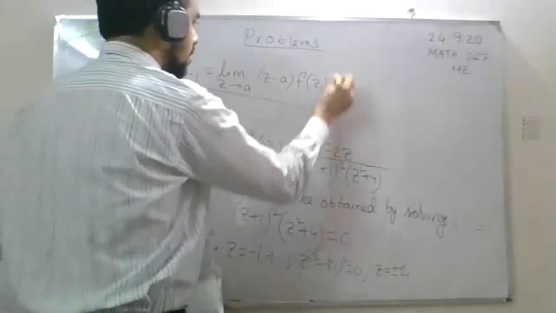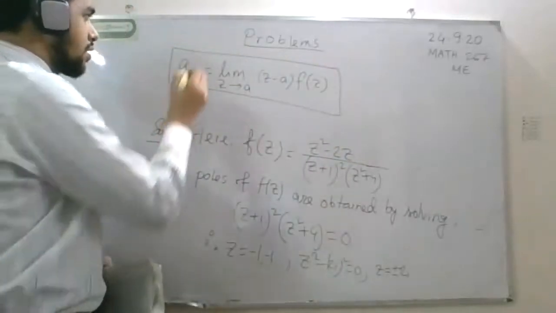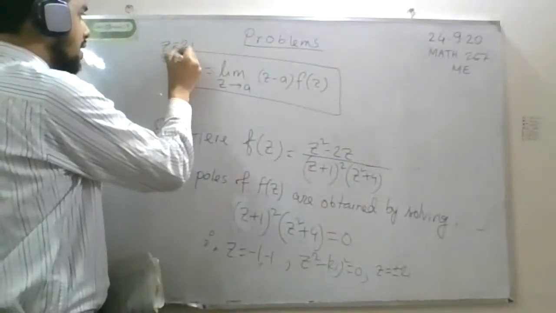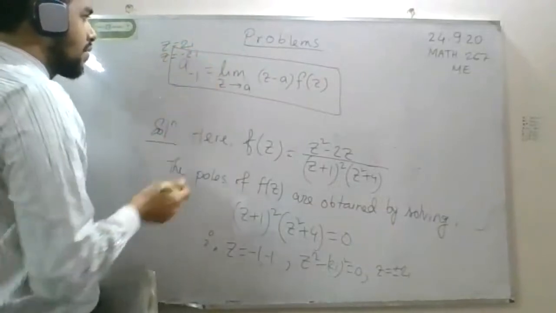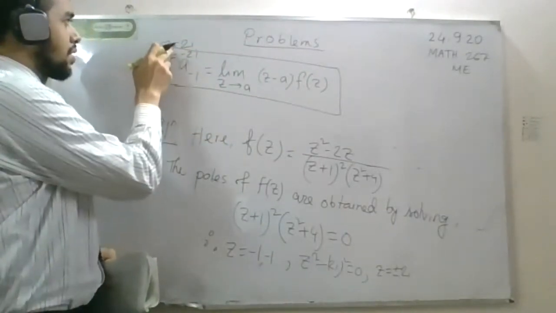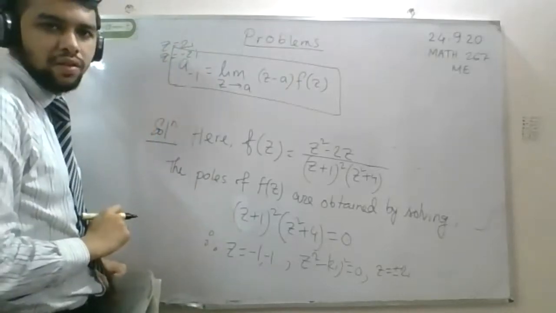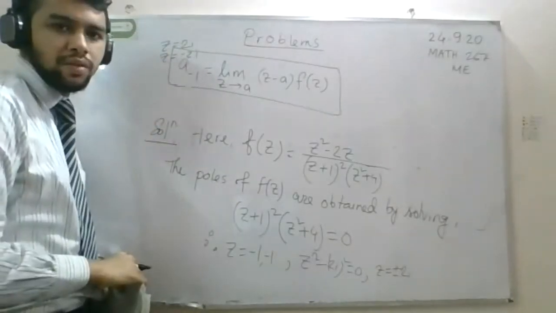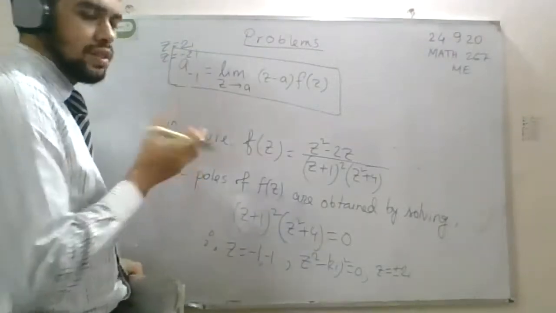This is for a simple pole. You have to use this formula for these two values of z. You will get two answers, for z = 2i and −2i, but they will be quite similar.